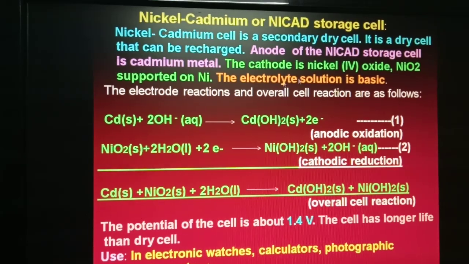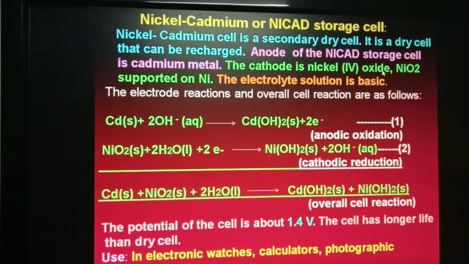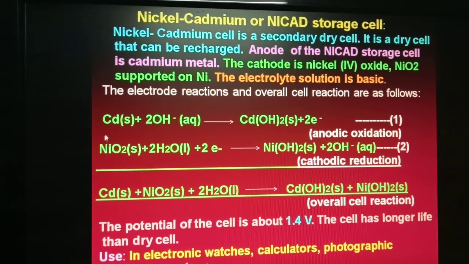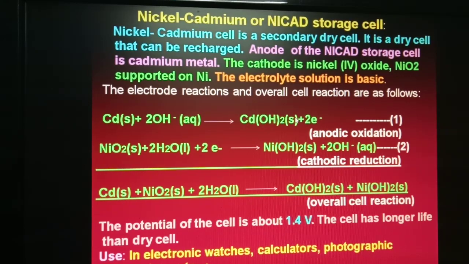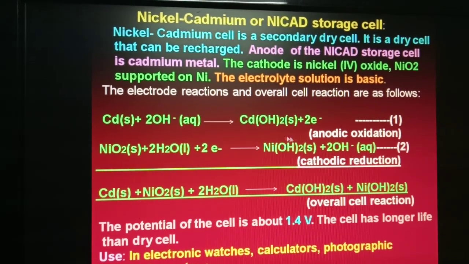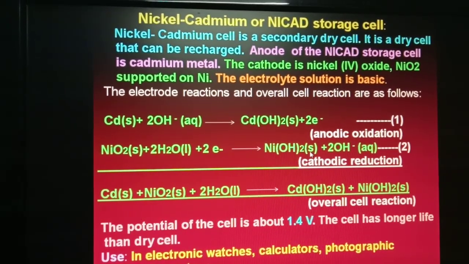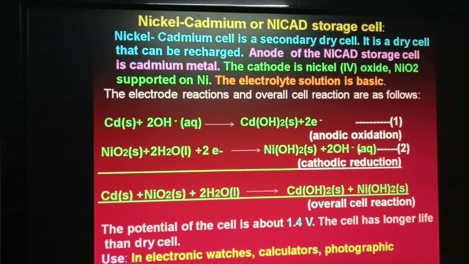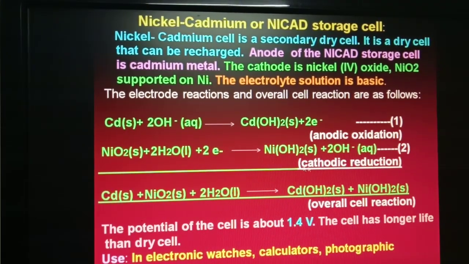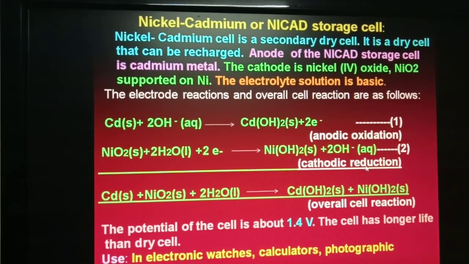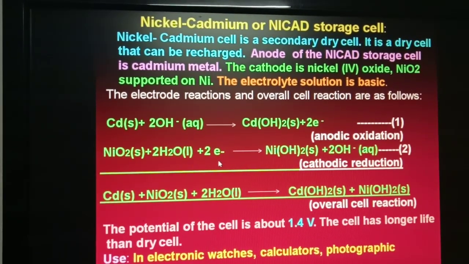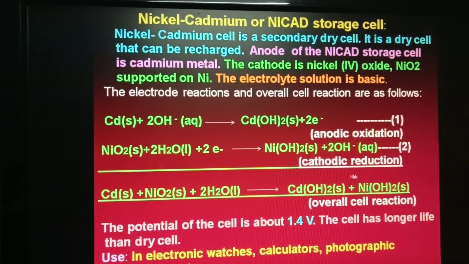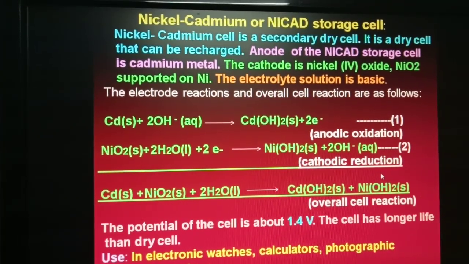Now at the cathode, nickel 4 oxide is taken. So nickel oxide combines with water and gains the 2 electrons donated by the anode to form nickel hydroxide plus twice OH-. This type of reaction taking place at the cathode is a reaction related to gain of electrons, so it is called cathodic reduction.